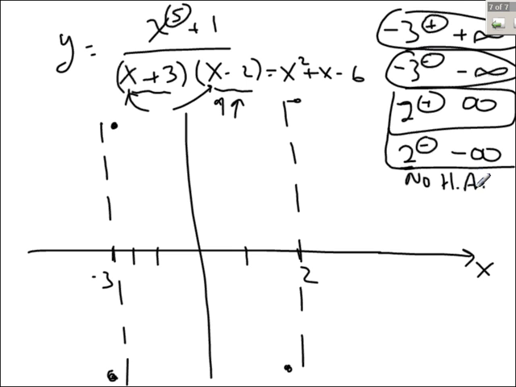I guess what we need to talk about is, since there's no horizontal asymptote, we have to talk about when x goes to positive infinity and x goes to negative infinity. We know the y value is infinity, positive and negative. If you take a really, really large positive number and raise it to the fifth, it'll be positive.